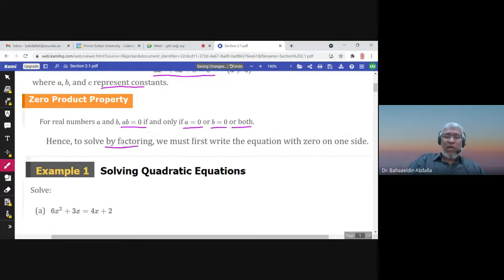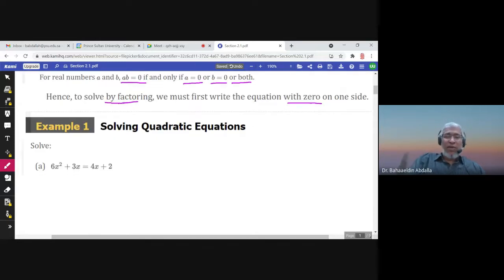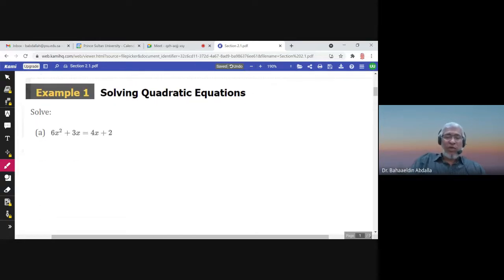So to write the quadratic equation in this form, we have to make the right side of the equation always 0. So here, for example, solve this quadratic equation. Whenever you have a quadratic equation, you start always by writing everything in the left-hand side. So for x, you take it to the other side. 2, you take it to the other side.